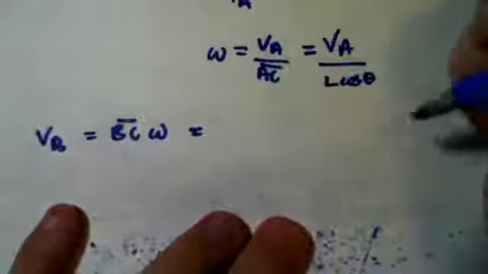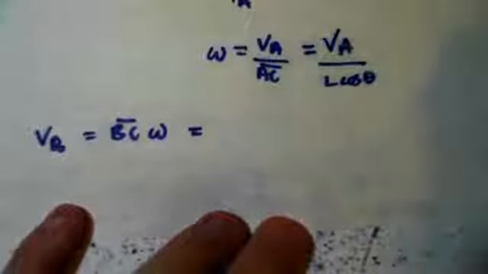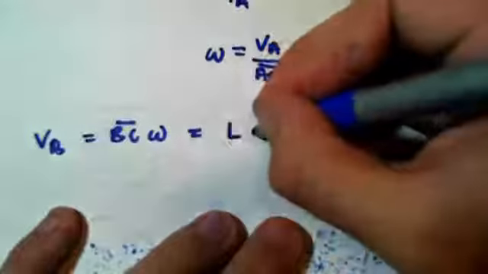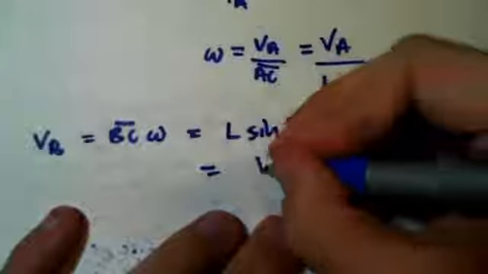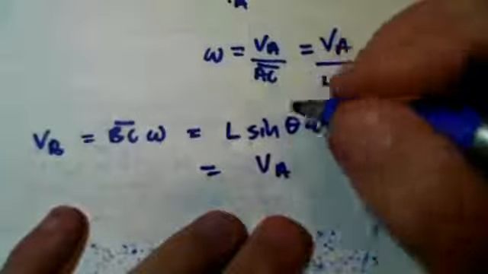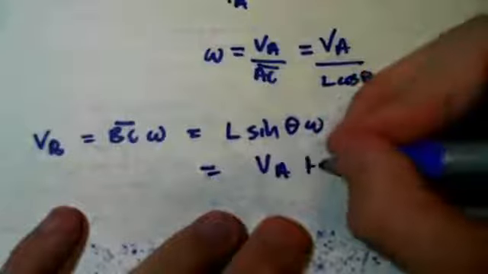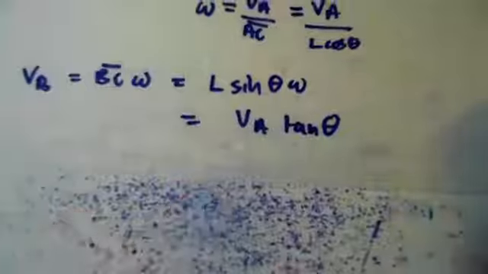Our angular velocity is VA on L cosine theta, and BC is L sine theta. So V of B equals L sine theta omega, which is equal to V of A tan theta, because the L terms cancel out.